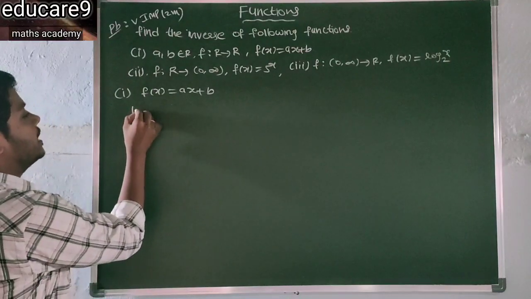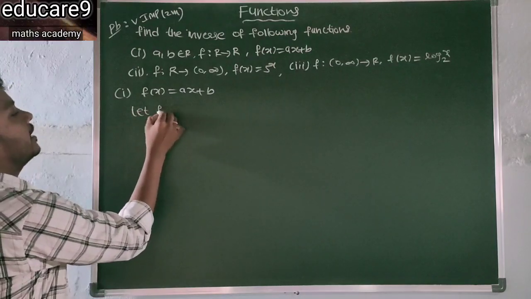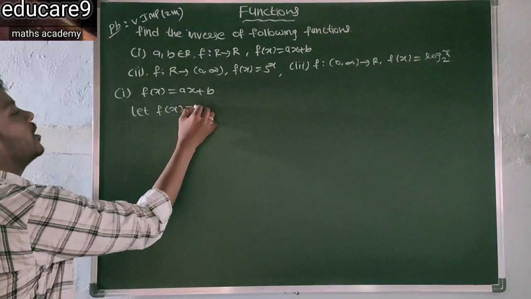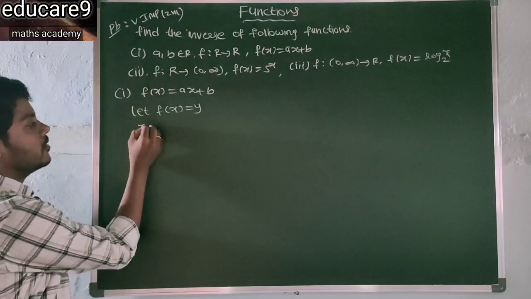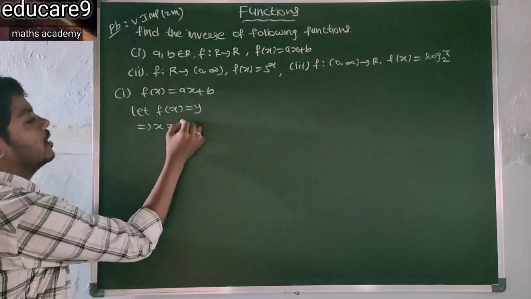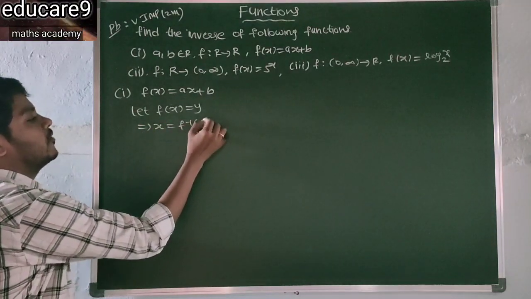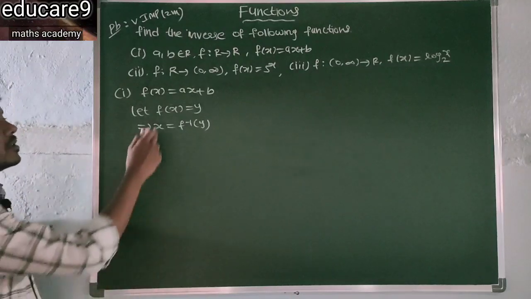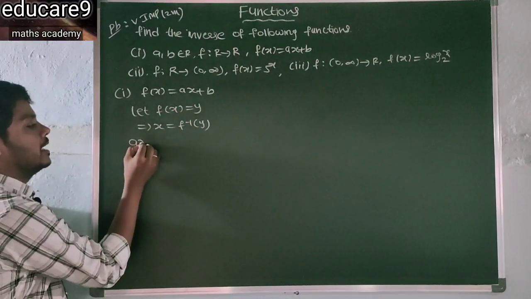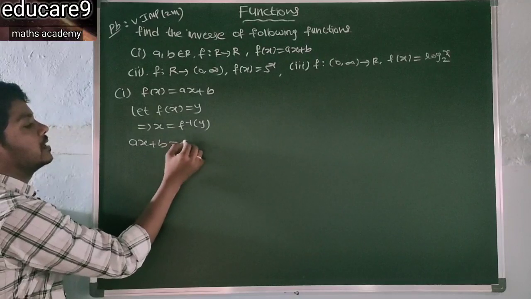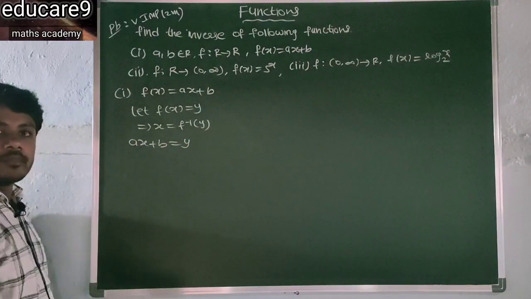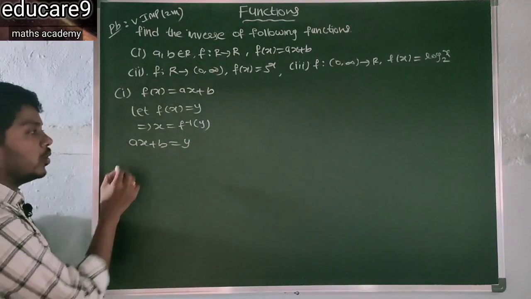Now find the inverse of this function. So for finding the inverse, let f of x be equal to y. So from this, what is the x value? f inverse of y. So f of x, that is ax plus b, is equal to y. From this we have to write the x value.